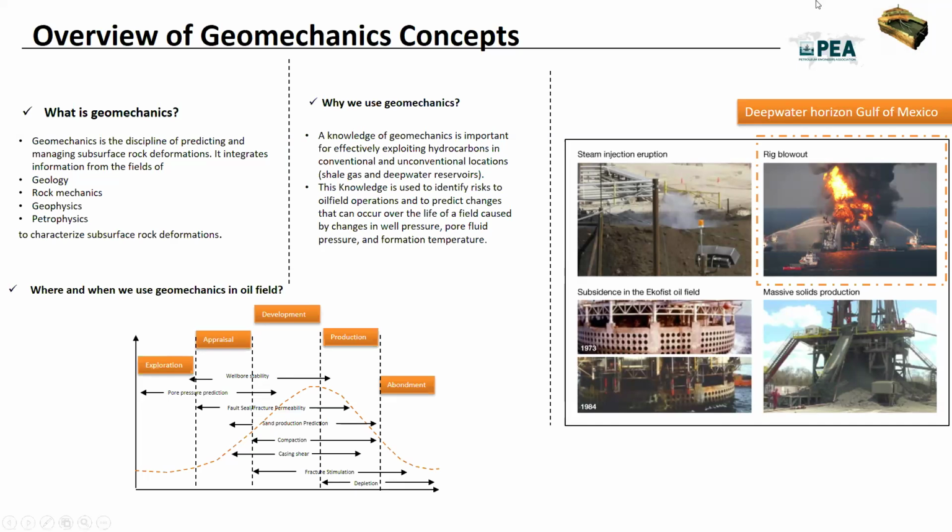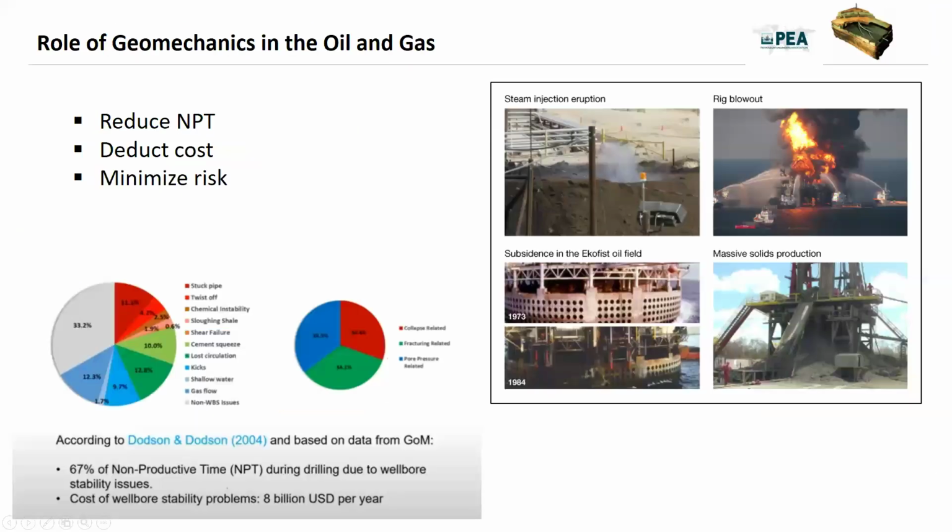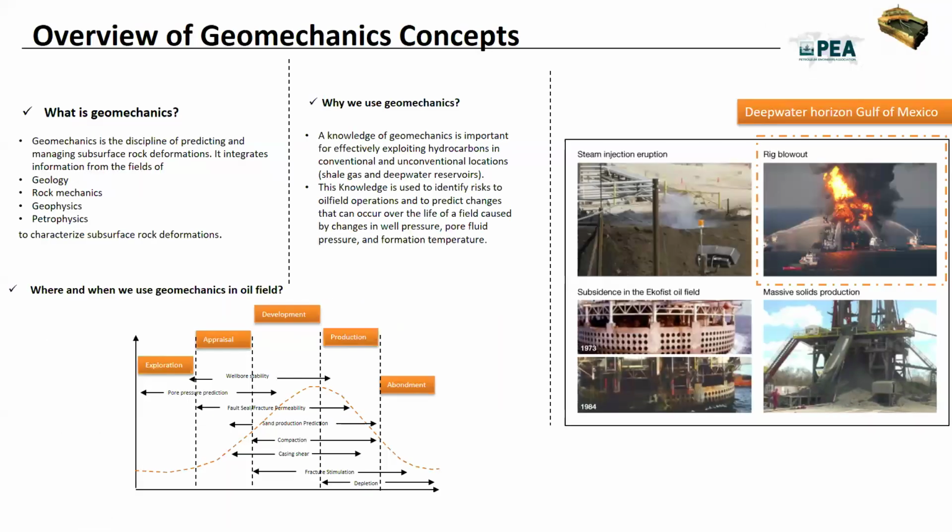Here on the right side, we have some examples of why we should use geomechanics. We have the well-known incident in the oil and gas industry, which is the Deepwater Horizon. This is a problem due to geomechanics: non-estimation of the pore pressure.